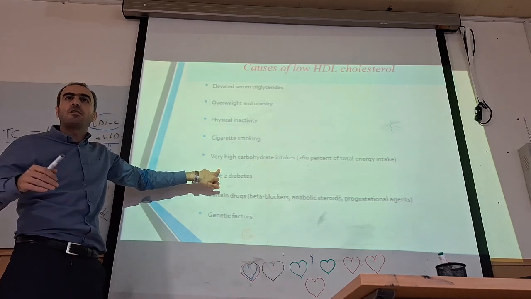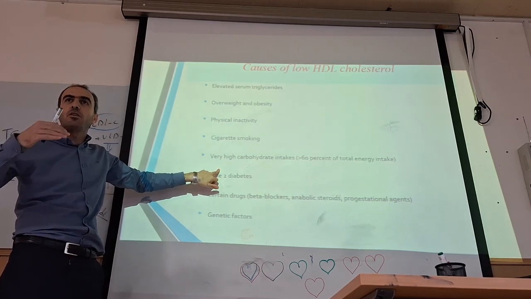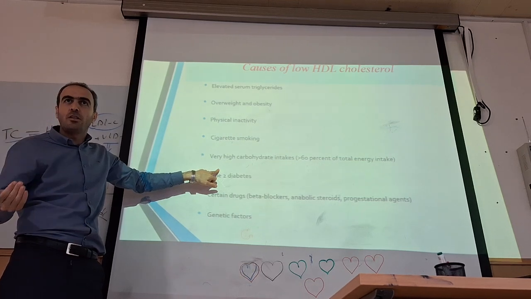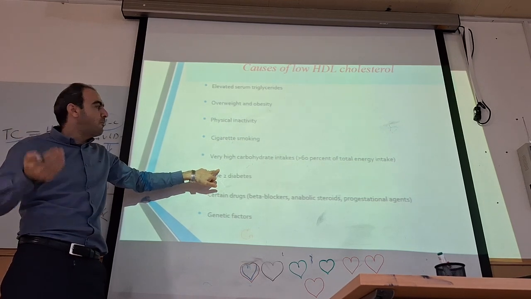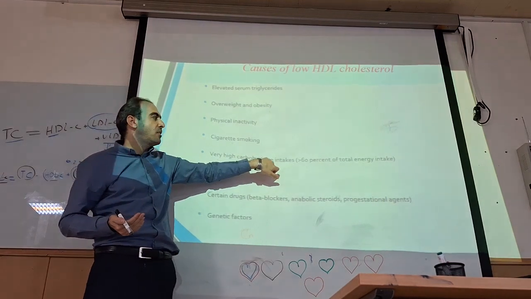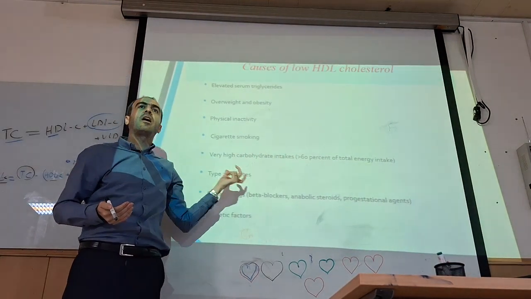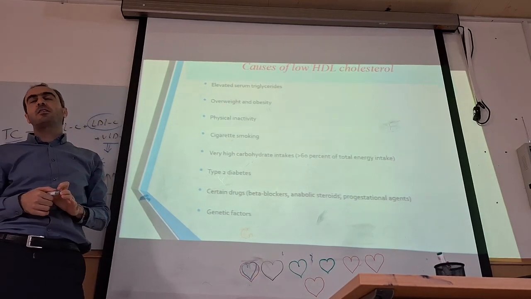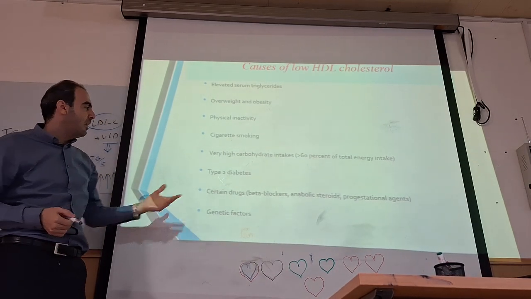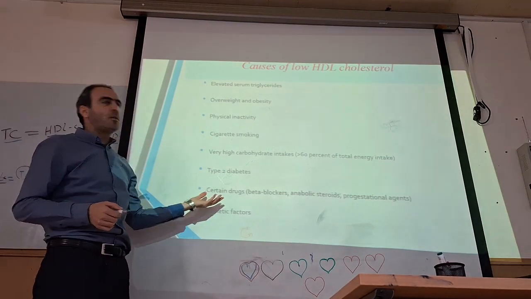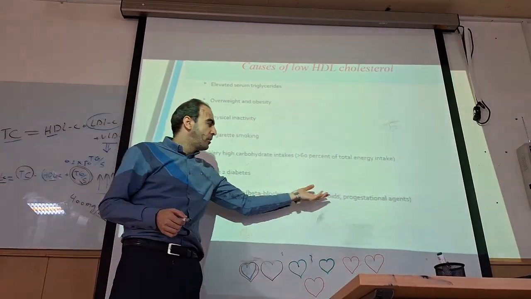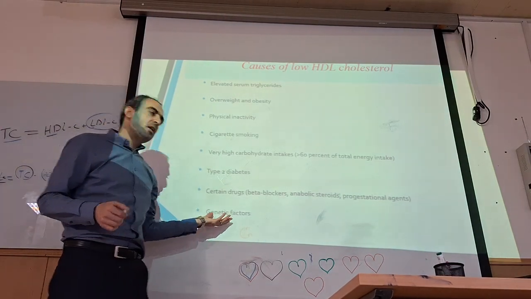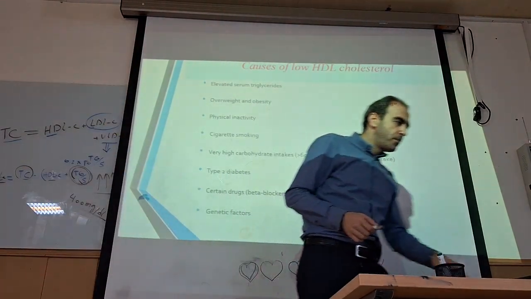Especially at this time, because the price of meat and protein is too high, we decrease the protein in our diet. If carbohydrate increases to more than 60%, it is the highest risk for increasing triglyceride and decreasing HDL. Others are type 2 diabetes, some drugs like beta blockers, steroids, and progesterone, and maybe genetic factors.